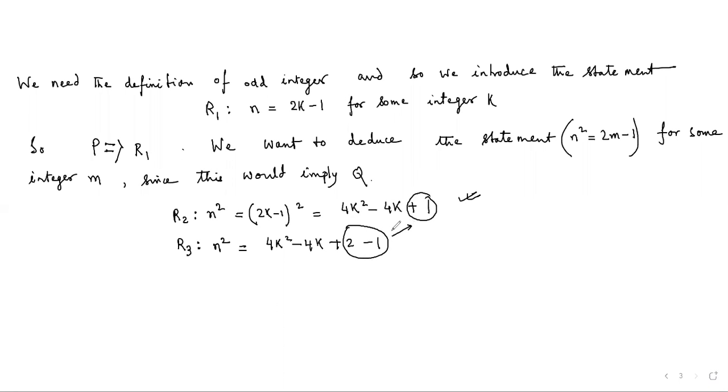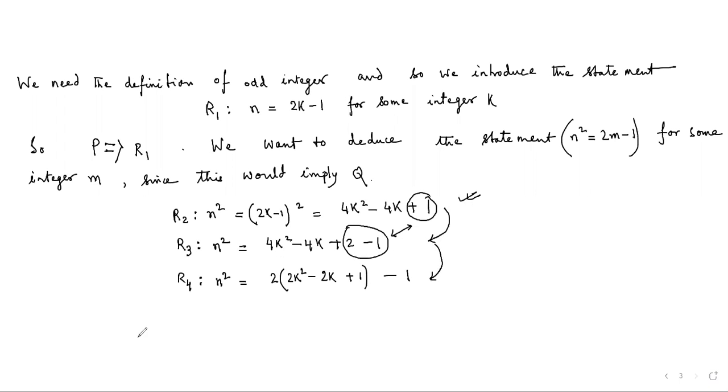Then in R4, I'm going to write n square by taking 2 common: we get 2k square from this particular term, here I am writing minus 2k, here I am writing 1, and this minus 1 is separated.